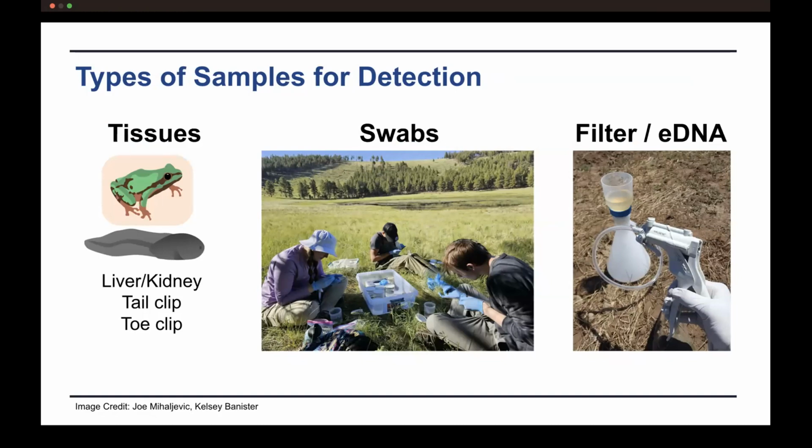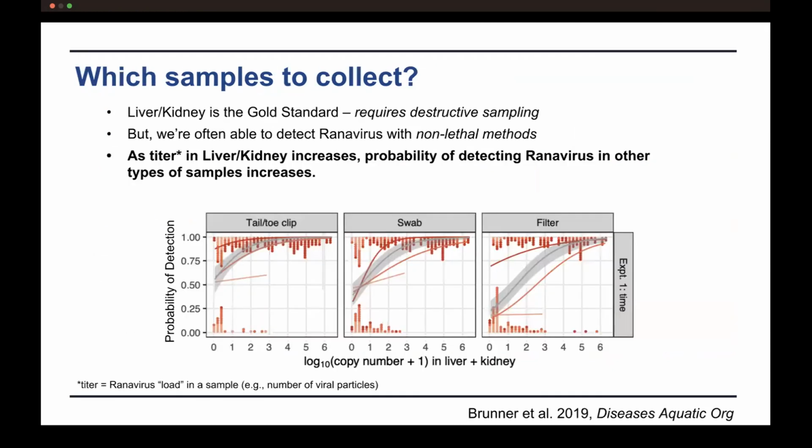So you're swabbing inside the mouth, or you could swab the body or cloaca. You could also not have to collect any individuals at all and do eDNA or environmental DNA sampling through water filtration. And I'll talk a bit about the pros and cons of all of these.